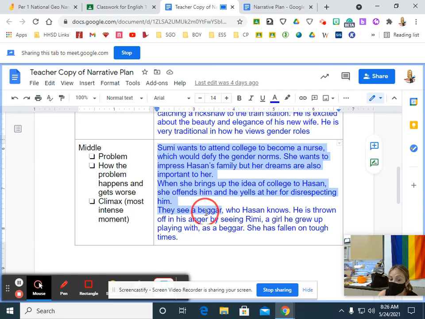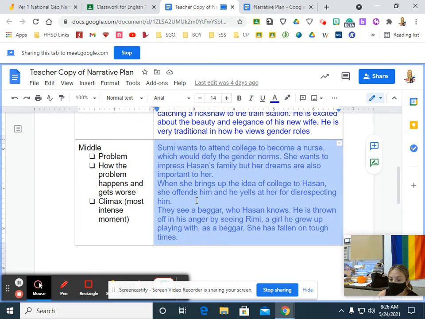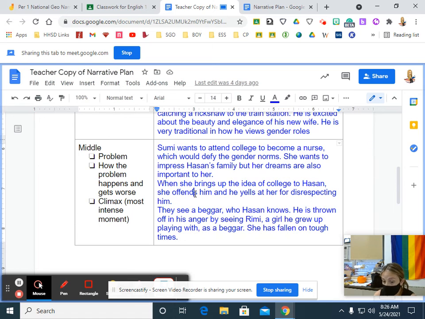Now this gets more into my imagination, but I used my research to help me. So the problem that I decided on having is that Sumi, the woman in my picture, wants to go to college. But I did research on gender roles in Bangladesh, and a lot of women don't go to college, and they tend to get married and raise a family. So I decided that that would be the conflict.